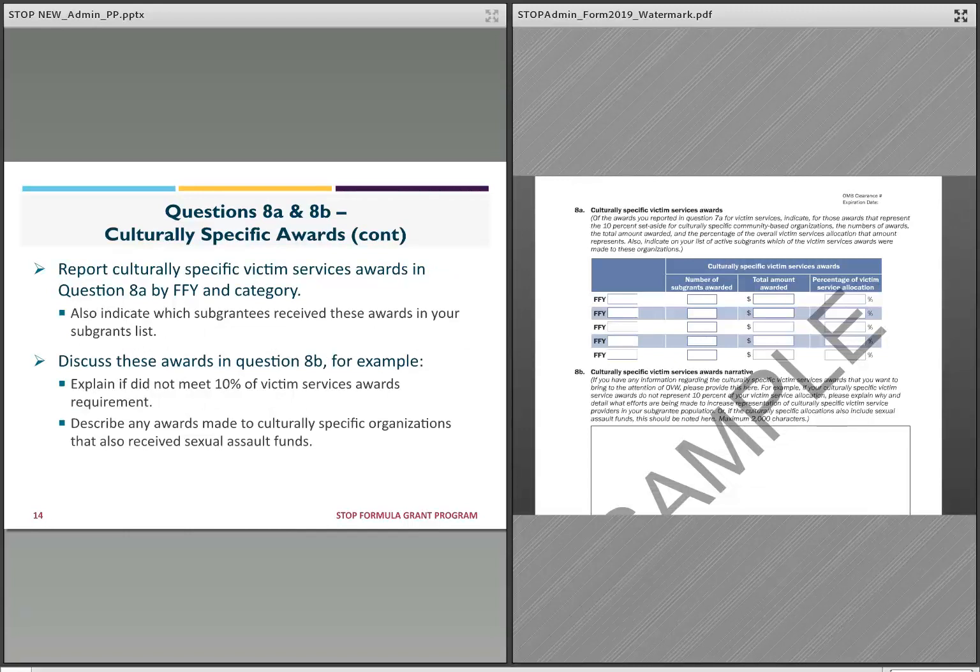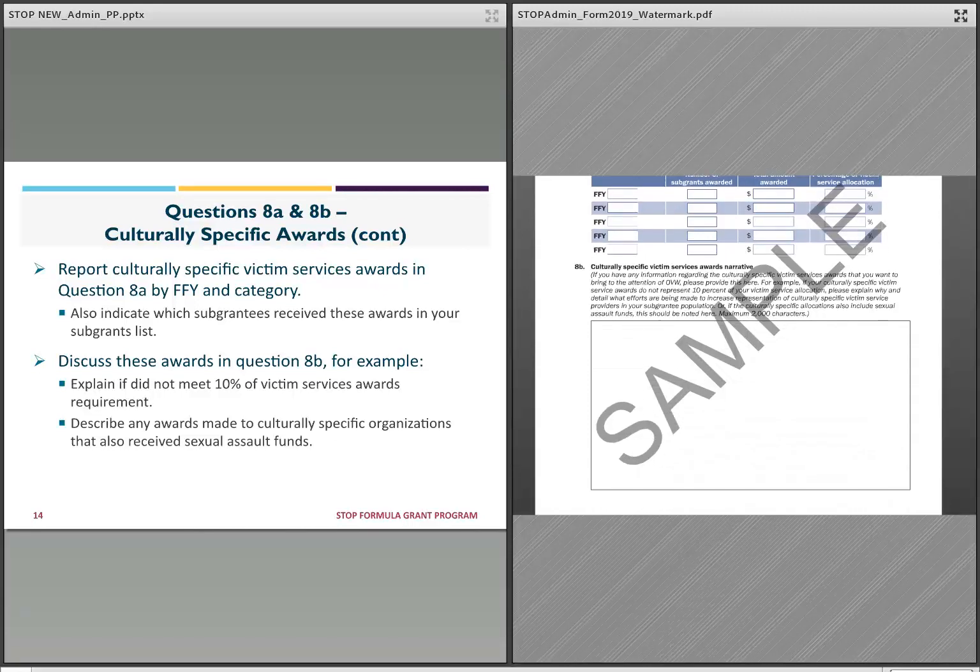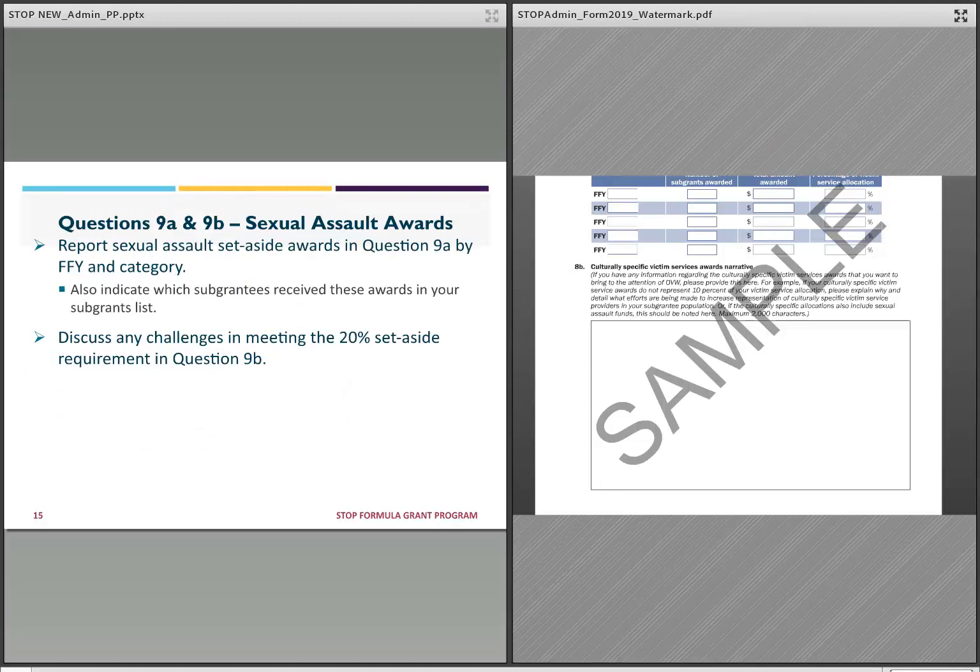You will report the culturally specific victim services awards in question 8A by federal fiscal year and by category. Also indicate which subgrantees received these awards in your subgrants list. In question 8B, discuss these awards. For example, if you did not meet the 10% of victim services awards requirement, or you can describe any awards made to culturally specific organizations that also received sexual assault funds.